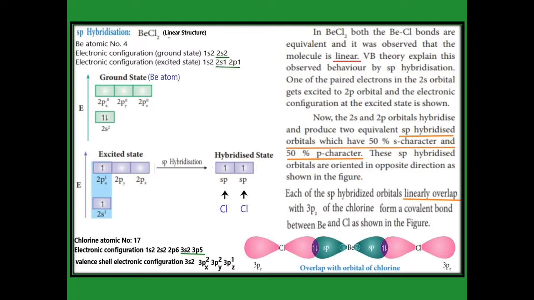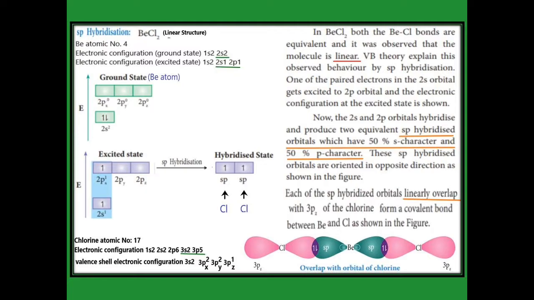In beryllium chloride, how many chlorines do we have? 2 chlorines. So the other chlorine also gives one electron to the other hybridized orbital. In sp hybridization, we have 50% s character and 50% p character. The sp hybridized orbitals linearly overlap with the 3pz orbital of chlorine, so that they form the covalent bond.